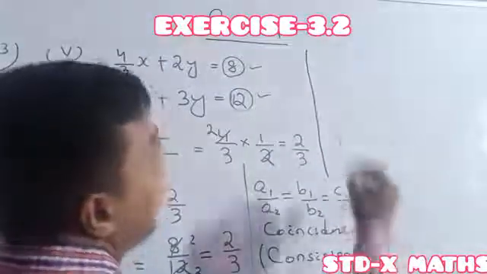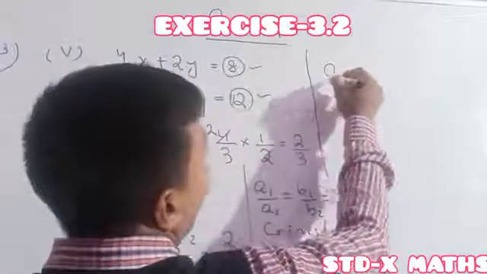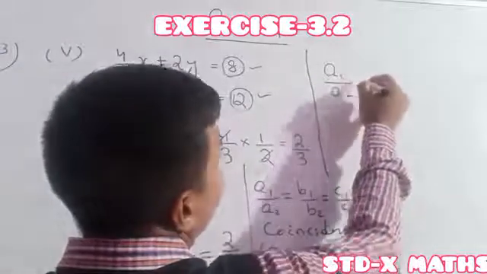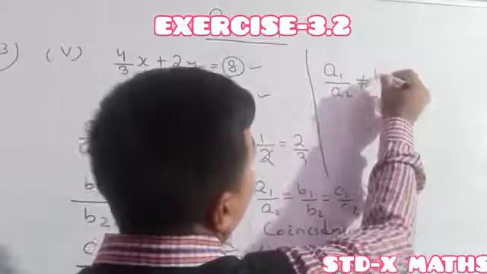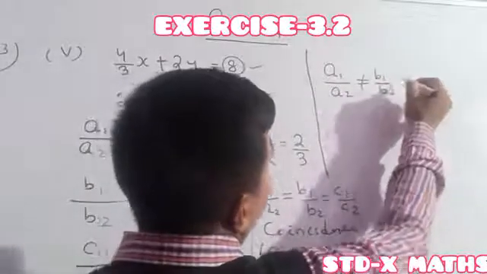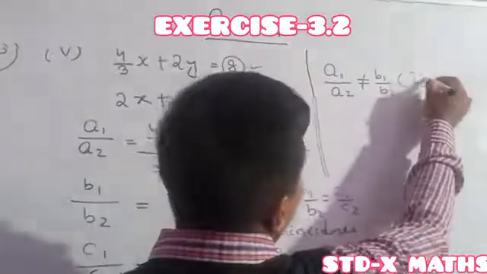Now one of the tricks you just have to remember. Trick, once again I am writing. See, here it is A1 by A2. If it is not equal to B1 by B2, it means intersecting.